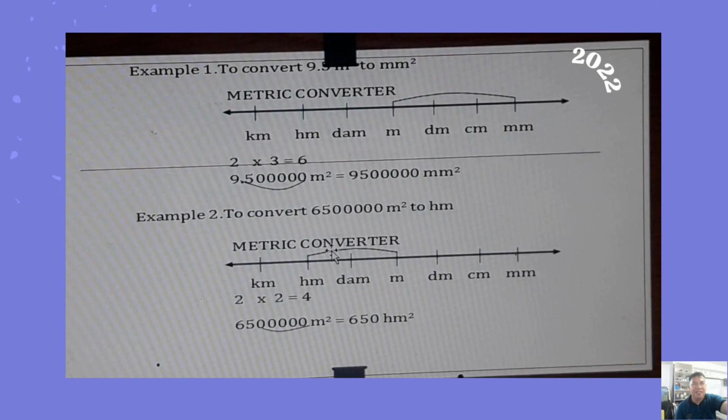Take an example. To convert 6,500,000 square meters to hectometers. Notice from the metric converter, we are moving 2 times to the right, since hectometer is greater than meter, so 2 times to the right, multiply by 2.